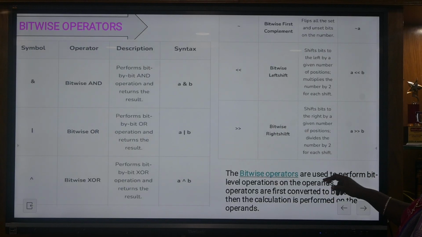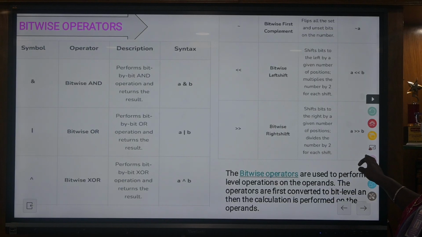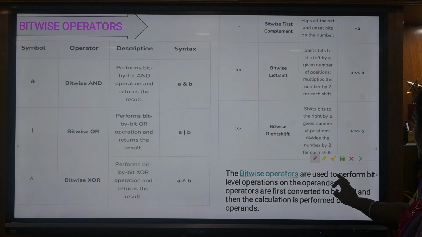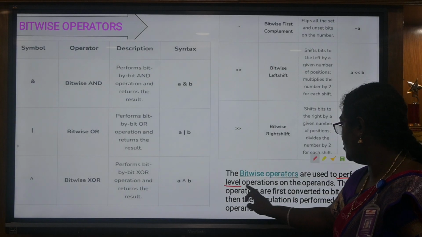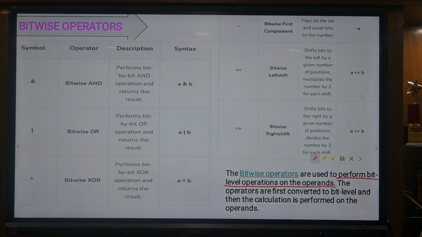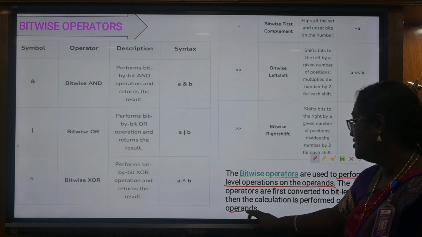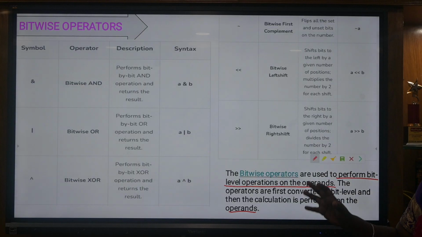The bitwise operator is used to perform bit level operations on the operands. The operand is first converted to bit level, then the calculation is performed. So every code will be converted into bits. If we want to work with the bits in the computer, we use the bitwise operator.